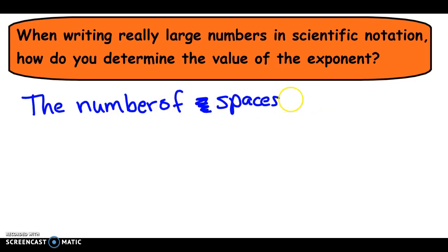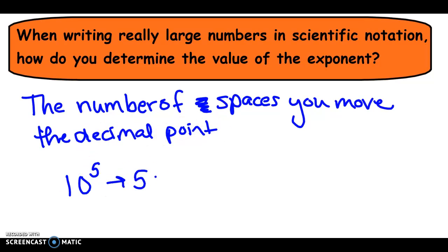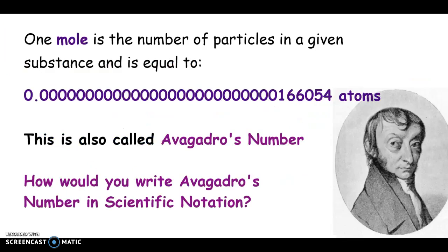The number of spaces you move the decimal point. So if it's times 10 to the 5th, I moved it 5 numbers, or not 5 spaces. It's not zeros. It's numbers or spaces. So keep that in mind. That's the number one mistake students make.